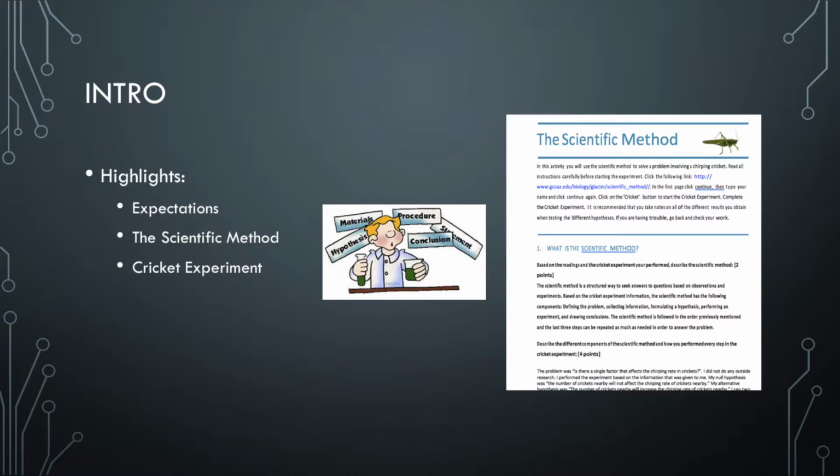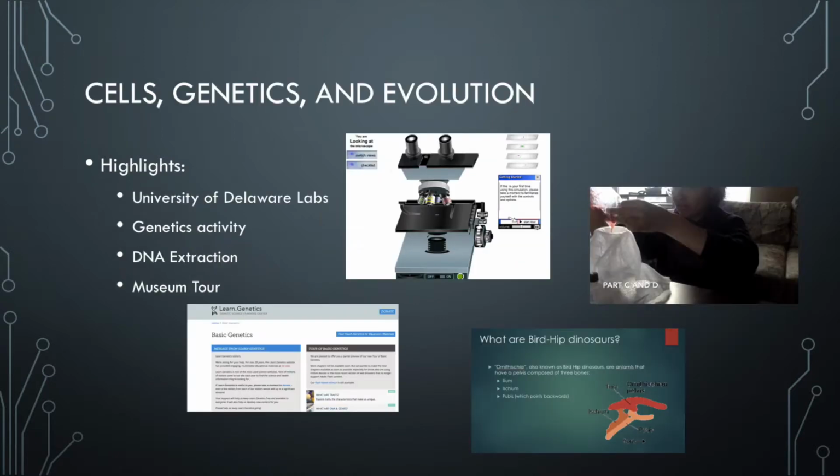And with the cricket experiment, there were multiple different variables you had to test out, which I thought was really important because a lot of experiments sometimes don't come out the way you expected them, or there's a hidden variable that you may not see the connection with. So the cricket experiment did a great job at reviewing the scientific method and setting up the expectations of the course. So the next unit talks about cells, genetics, and evolution.